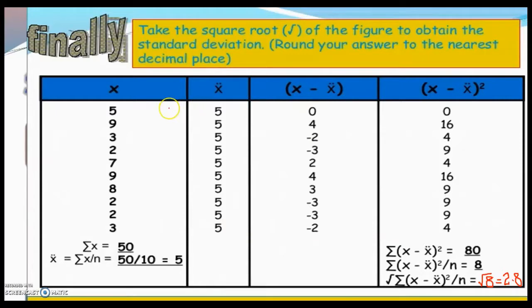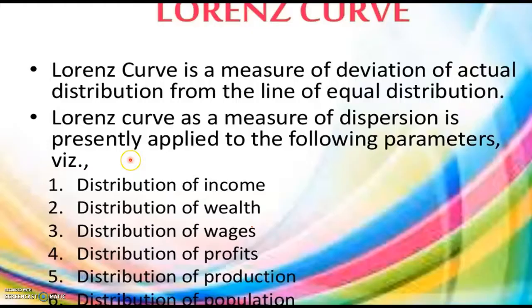So you have to subtract all x from the x bar. Then find out x minus x bar square. Then calculate the total, sigma x minus x bar square. Then apply all these values in our formula, root of sigma x minus x bar square divided by n, and we get the answer.